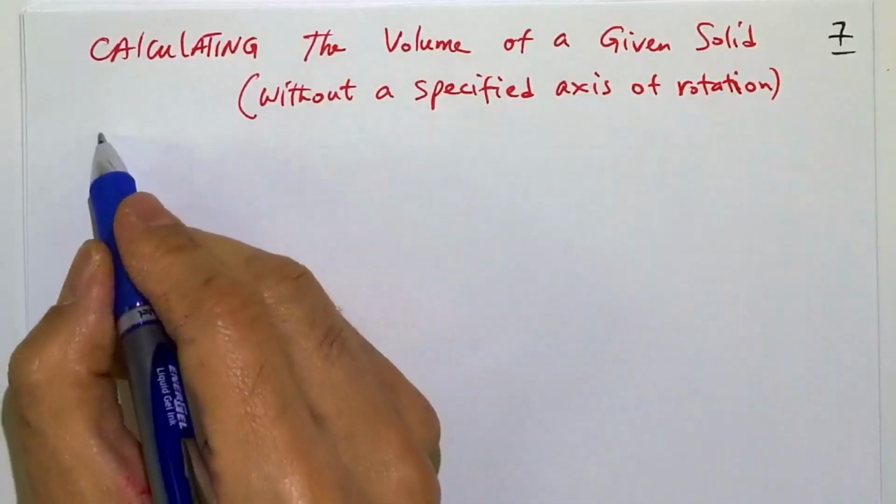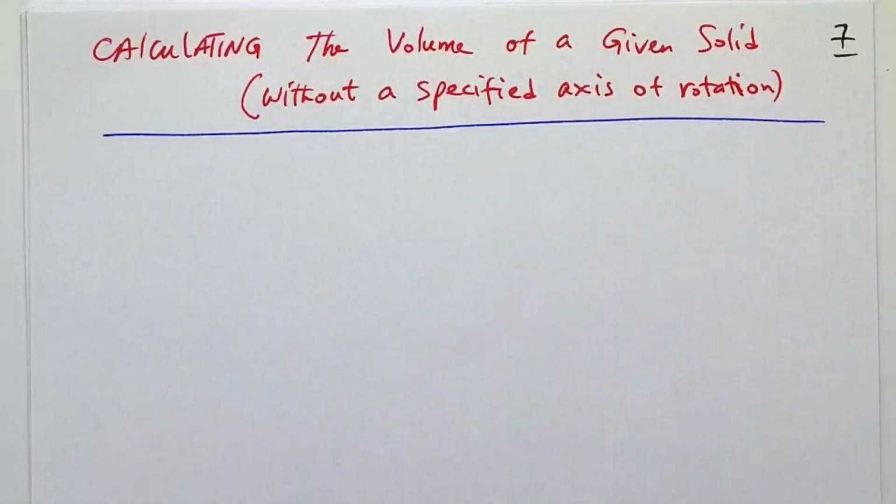We'll have to do more thinking with problems like this, because then, given the solid, we want to come up with a cross-sectional area. Everything we did so far, we basically created either a disk cross-sectional area or a washer cross-sectional area, and we integrated those two types of cross-sectional areas.